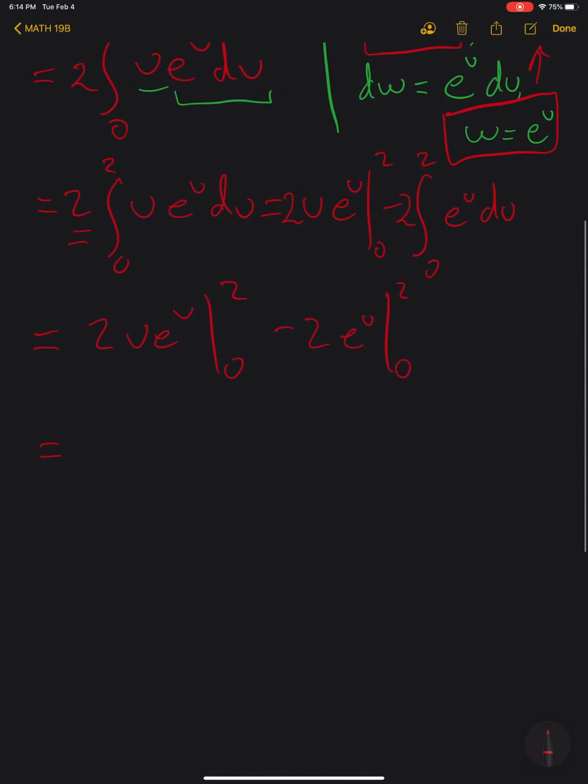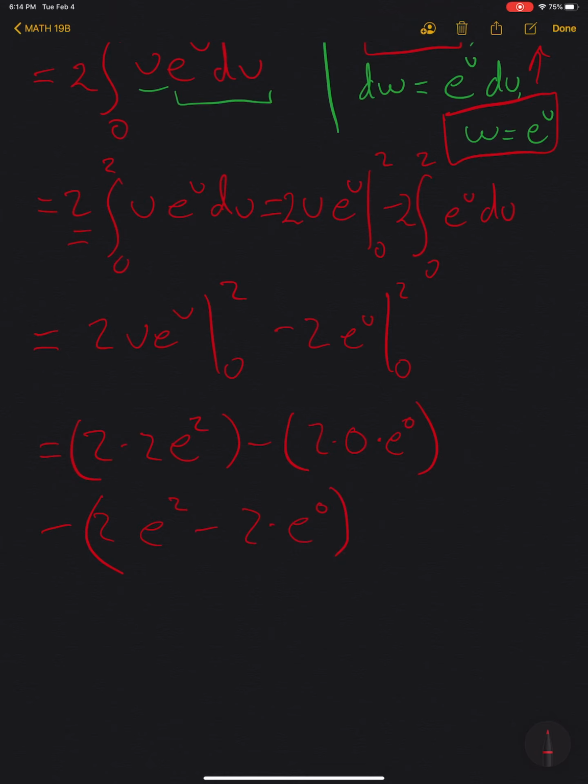So then I have 2 times 2 e to the 2 minus 2 times 0 times e to the 0, that's the first part, minus 2 e to the 2 minus 2 e to the 0.